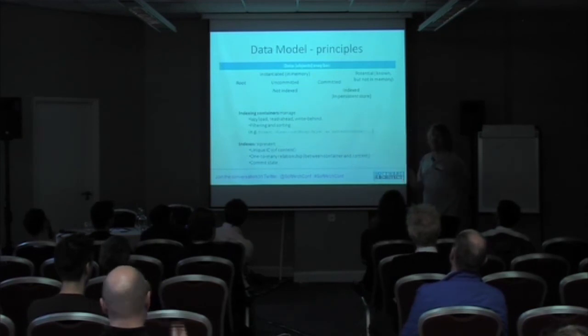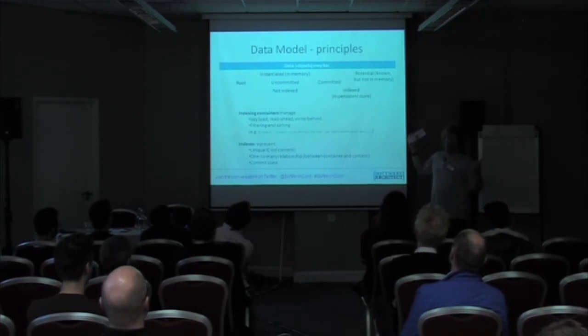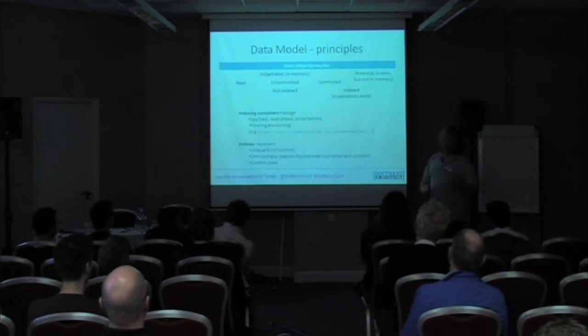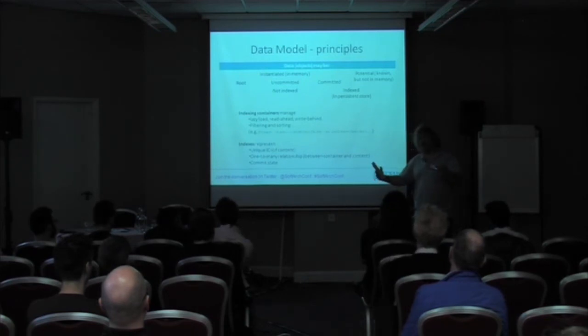Now, what comes into memory can be either a root object, which, as I say, doesn't represent anything which is really in the database. It can be uncommitted, which means it doesn't exist in the database, but it does exist in memory. Or it can be committed, which means it exists both in memory and in the database in some form. But we're still not promising that there's any correspondence between the memory objects and the database objects. As long as it's uncommitted, it doesn't have an index.